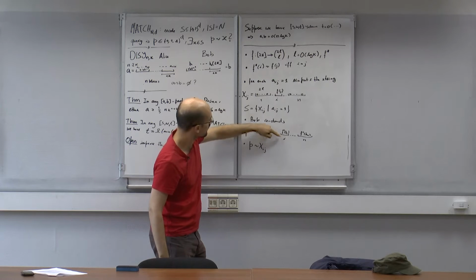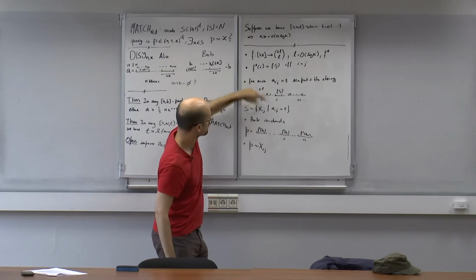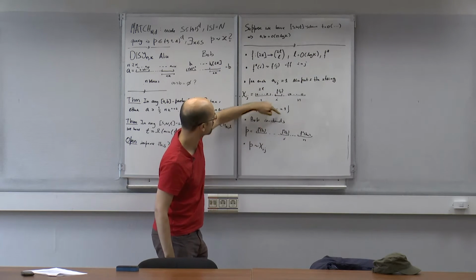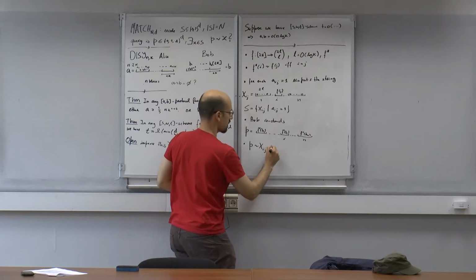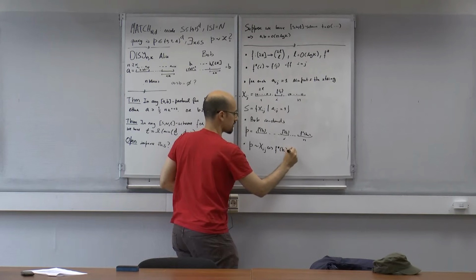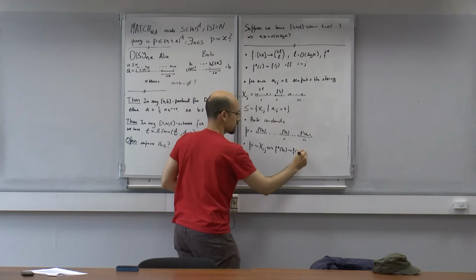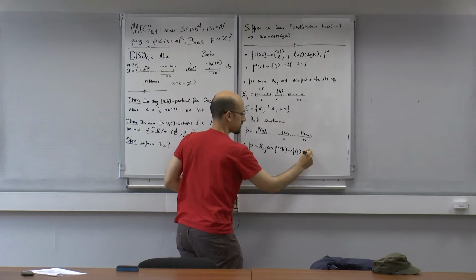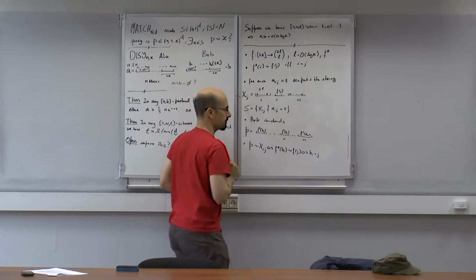In coordinate i, P matches xij if and only if f star of bi matches f of j. And this happens, as we've seen, if and only if bi equals j.